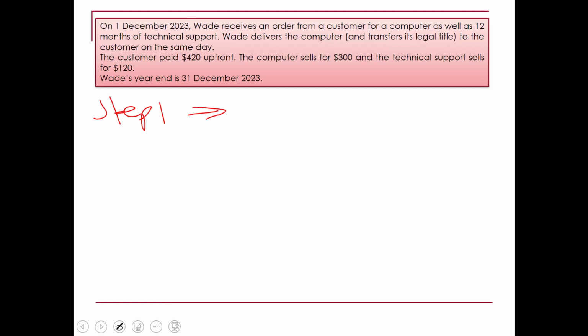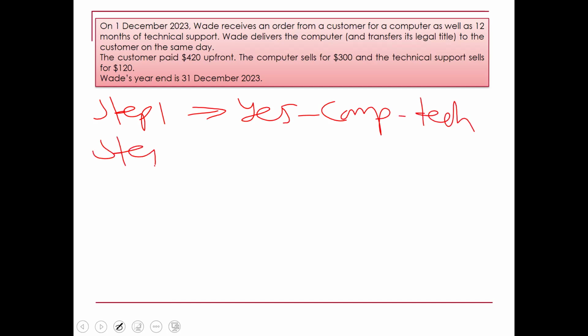We delivered that computer on the same day, which means we have entered into a contract of sale for a computer and technical services, which means we've satisfied step number 1. Is there a contract of sale? So yes, there's a contract of sale of a computer and technical service.